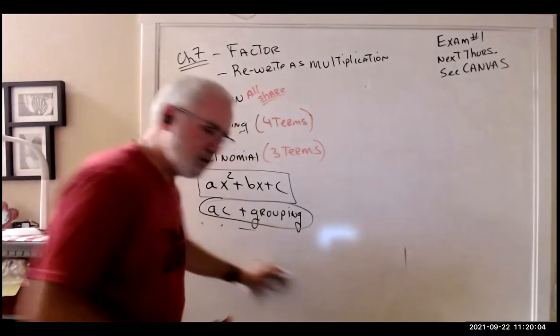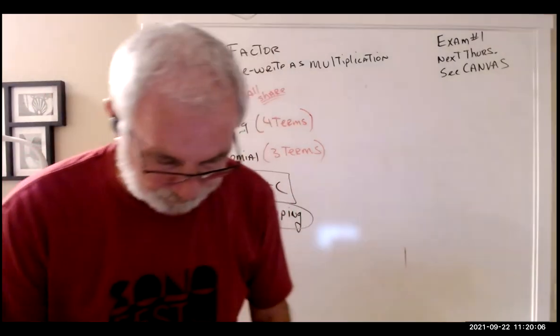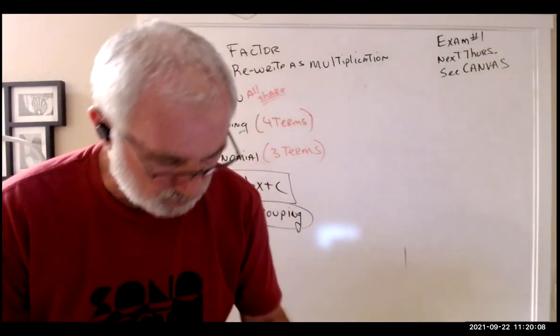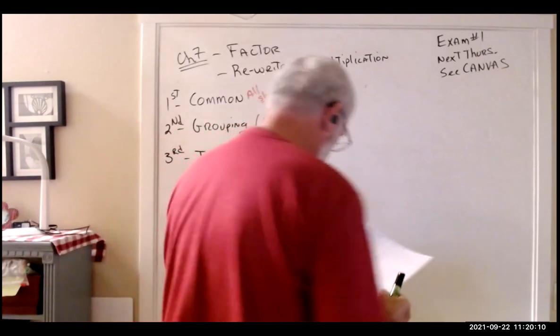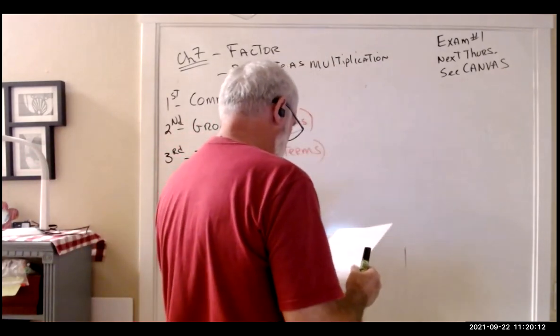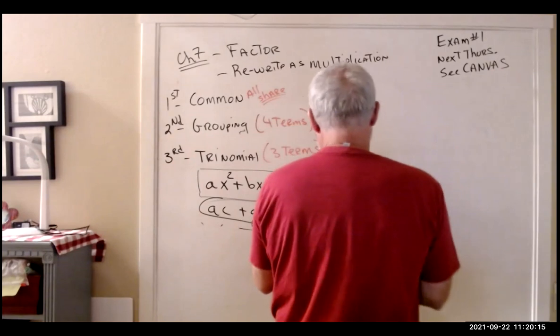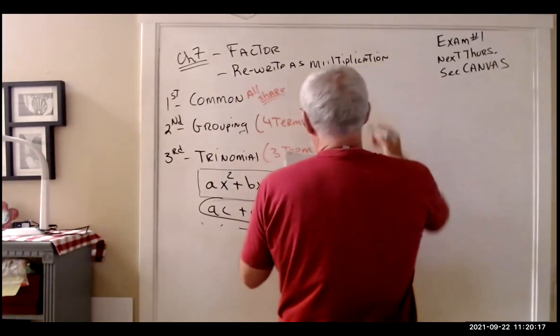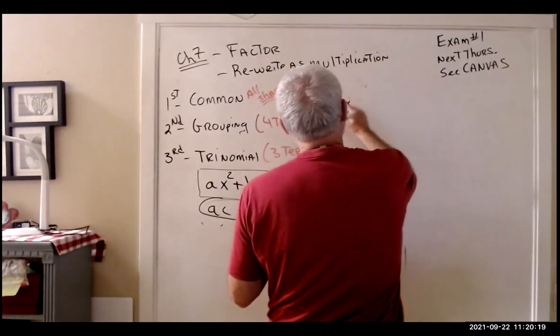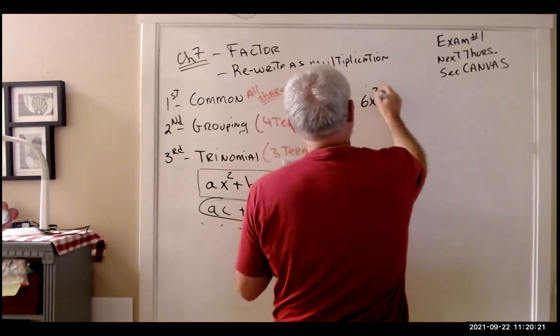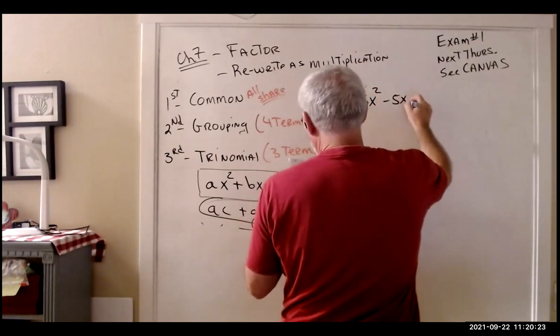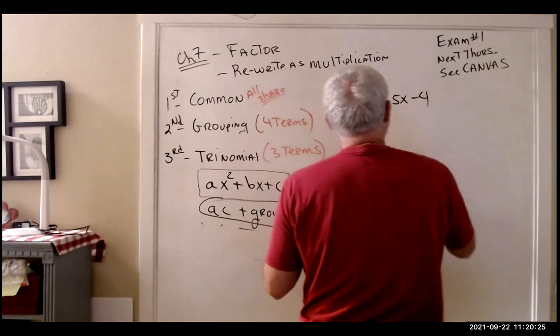All right, so let's start with a problem and walk through it. Let's start with this example: 6x squared minus 5x minus 4.